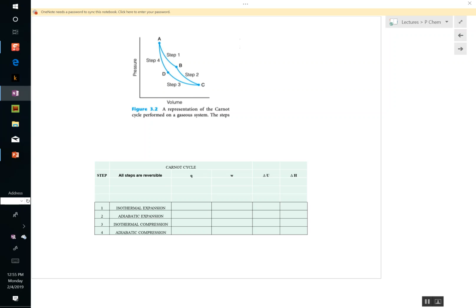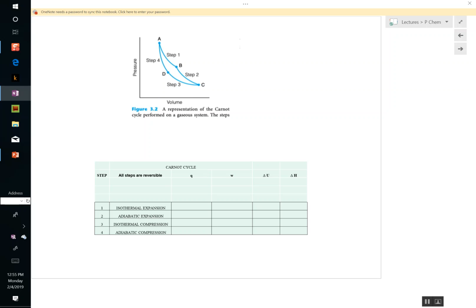So there's an isothermal expansion, step 1, going from A to B. An adiabatic expansion, so you can see volume increasing, going from B to C. An isothermal compression, going from C to D. And an adiabatic compression, going from D to A. And where do you end up? You end up where you started, at point A with these state functions.